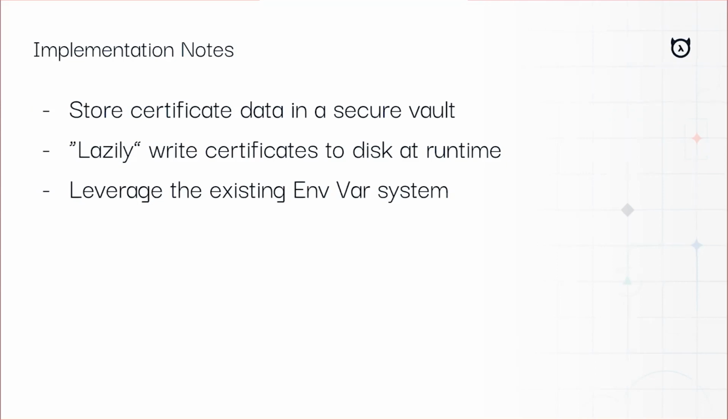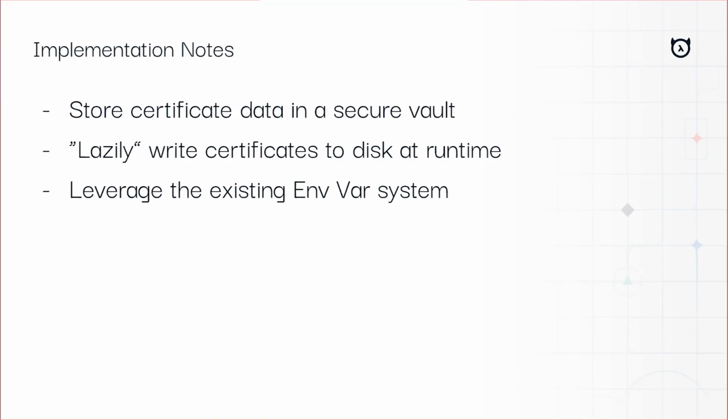A HashiCorp vault is a secure way to store secrets in memory in a key-value store, where everything is encrypted. All of your environment variables are stored in this vault and are encrypted. We thought that would be a great way to leverage an existing part of our multi-tenant system that people are already familiar with.